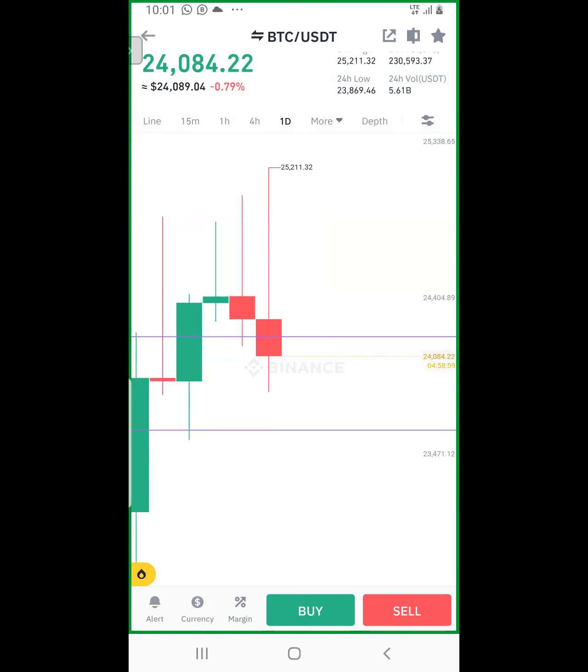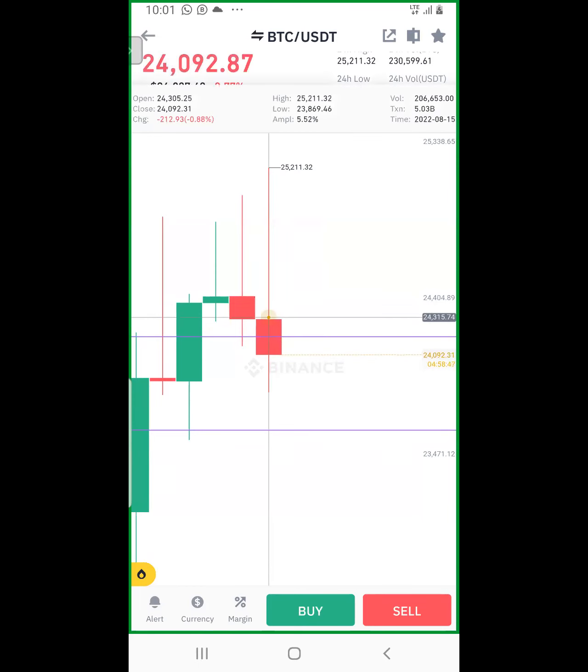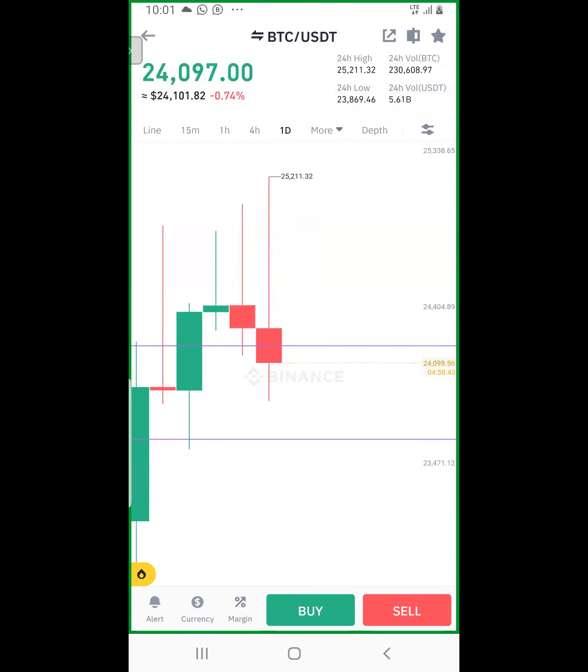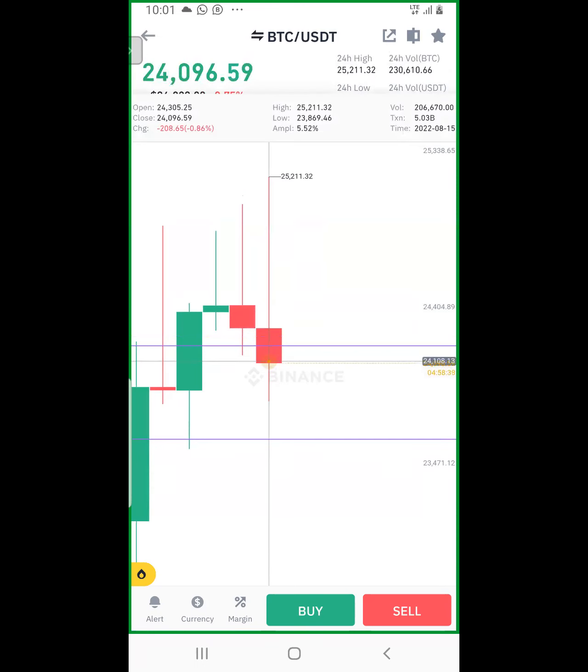So in case we get a close here, the day closes there, we say yes, we moved up, but generally the open, which was $24,300 per Bitcoin, was higher than the close. In case we get a close like that, we say, hey, today the Bitcoin went down. It was bearish.